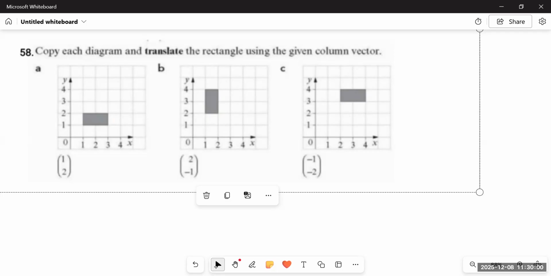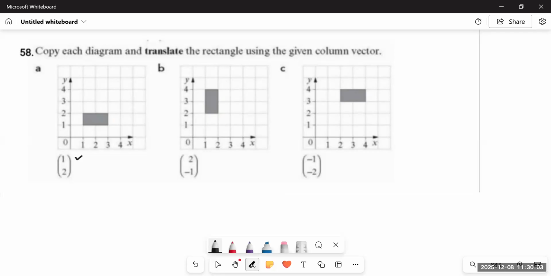So if we talk about the first vector, it's 1, 2, means we have to move, and since it's positive, the first one is for right or left, because for the x coordinate we either move to the right or to the left, and if it's positive we will move to the right. Similarly, in the second vector, we have 2 positive. So again, we will move 2 squares to the right. But in the third vector, we have -1, means we will move 1 square to the left.